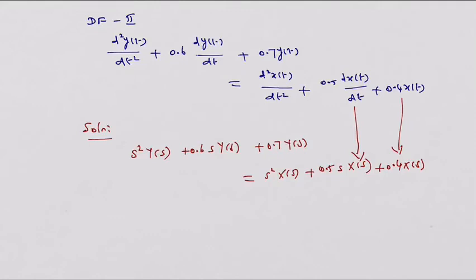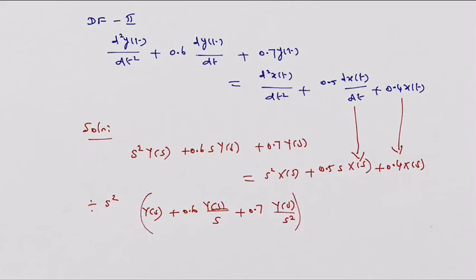Once you understand this, then divide the equation throughout by s squared. If you divide, you will find that the first term will contain Y of s alone, whereas the second term will have 0.6 Y of s by s. The next term will become simply 0.7 Y of s by s squared.